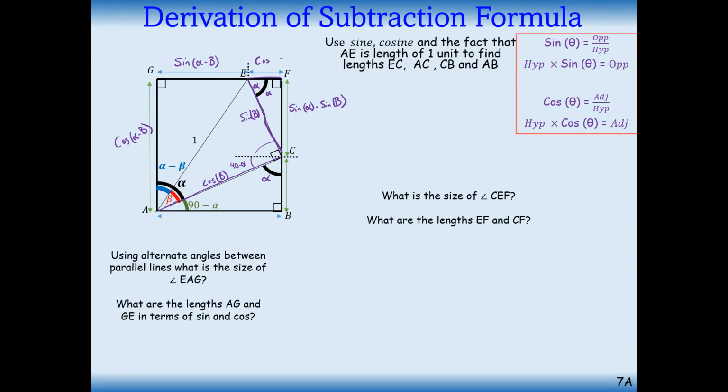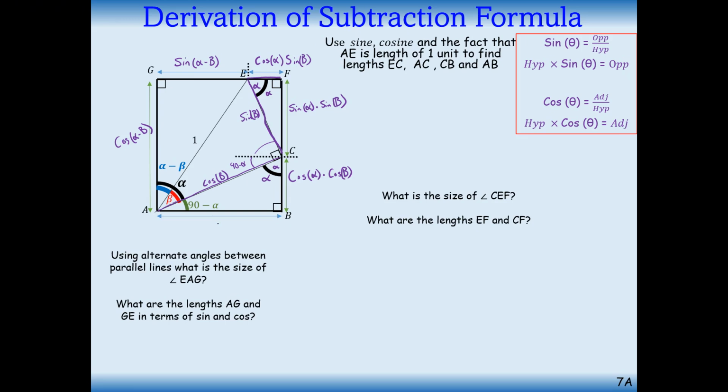Therefore, I'm going to call it cos of alpha multiplied by the hypotenuse, which is sine beta. And now coming down here, B to C is adjacent to angle alpha here. Therefore, I call it cos of alpha multiplied by the hypotenuse, which is cos beta.